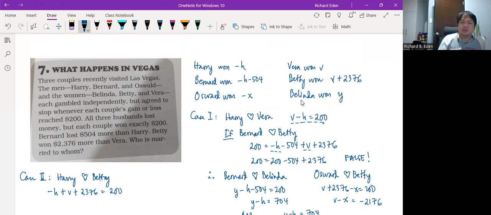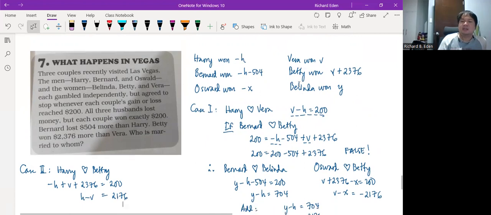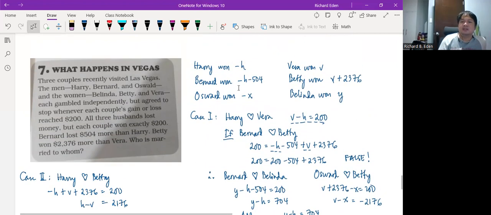So that means, let's make it h minus v equals 2176. Okay, so Harry and Betty. Now, wait lang po. I think this is impossible. Because if Harry... Wait, are you able to see it? Ay, di pa pala. I forgot that h is also positive.